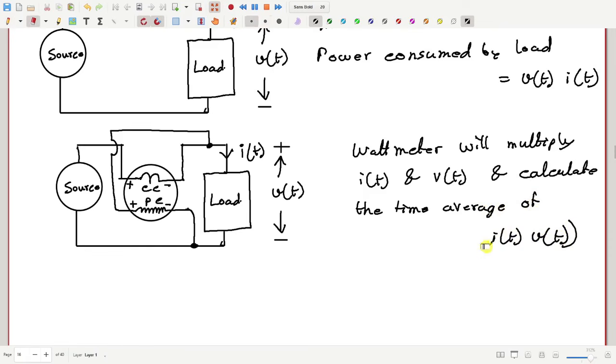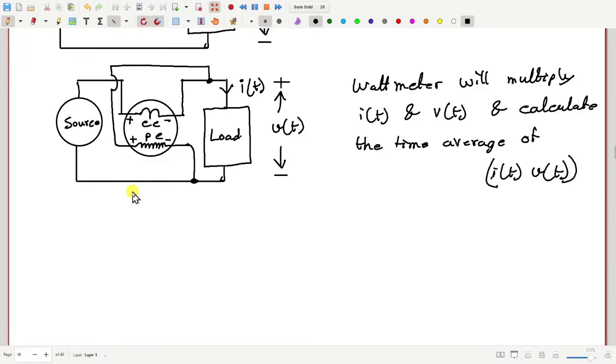How does it multiply? How does it calculate the average? That physics we are not going to discuss in this course, but the function is like this: multiply and take average. That's the function of a wattmeter.